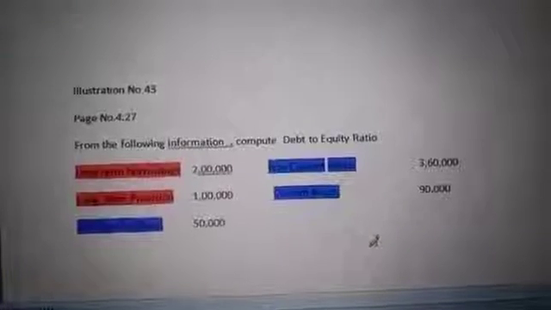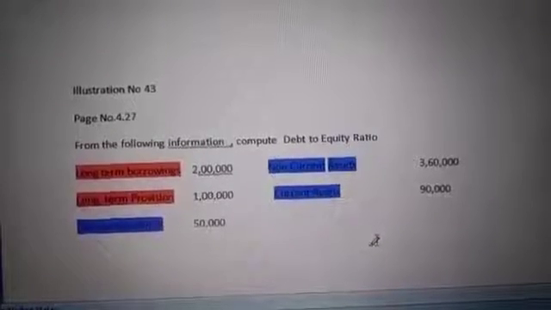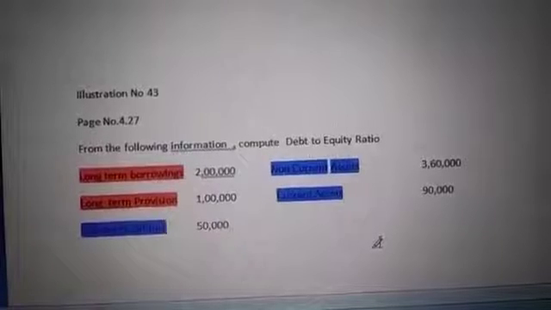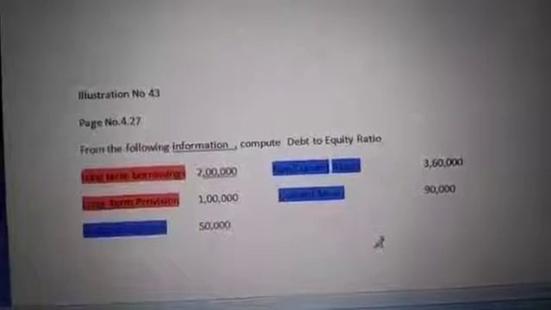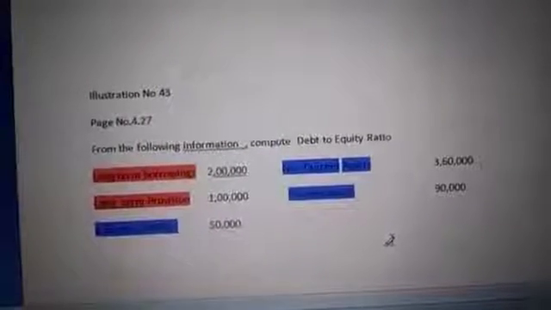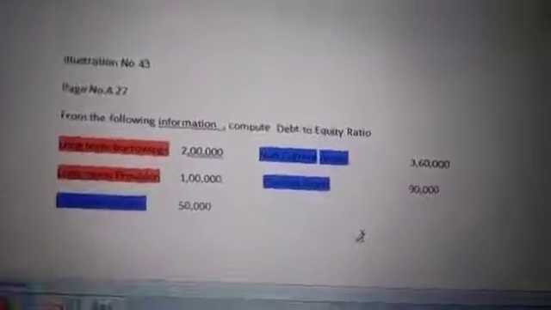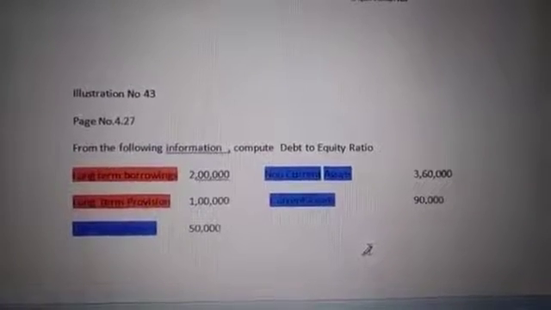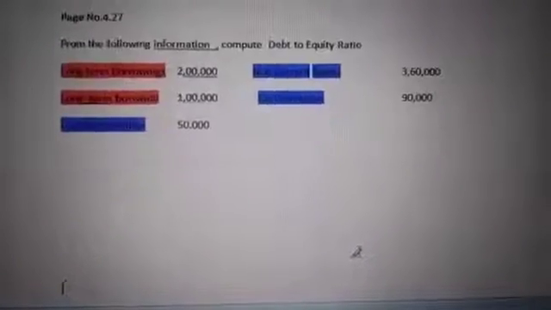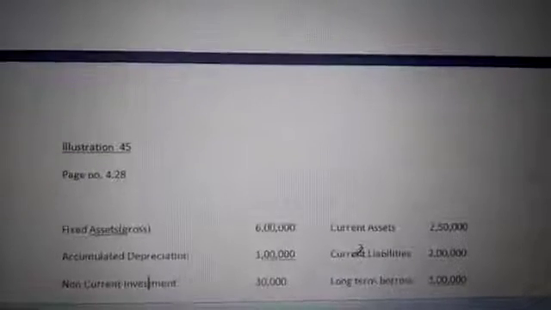So how much equity comes? 4 lakh. So our debt equity ratio will be 3 lakh divided by 4 lakh. You can do it in this way. Simple. Now, moving to our next question.